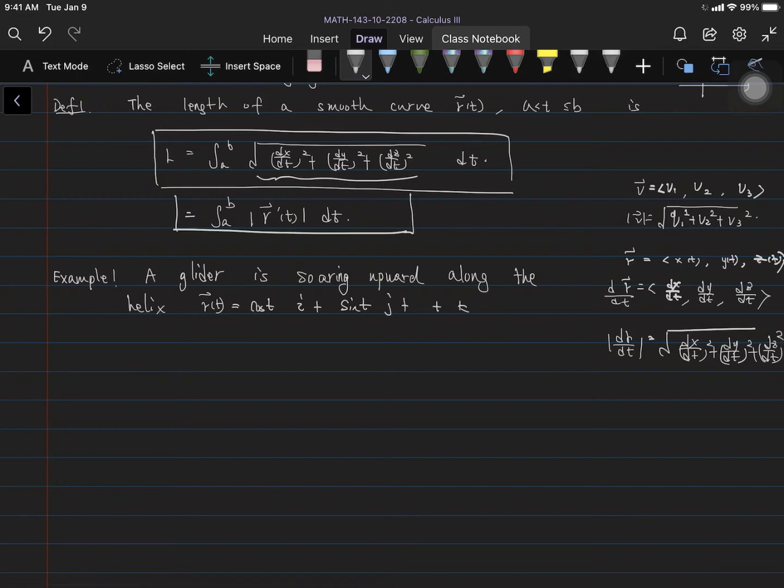So how long is the glider's path from 0 to 2 pi?